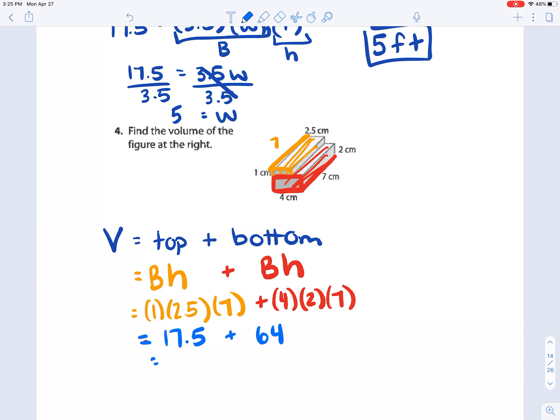Now I'll add the two together to get 81.5 centimeters cubed.